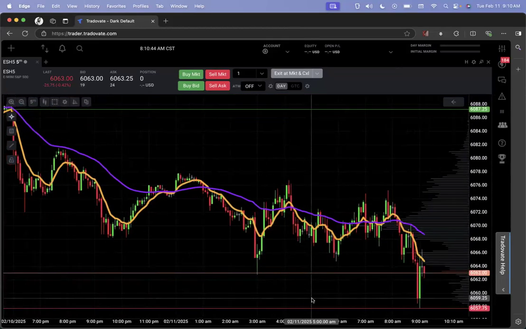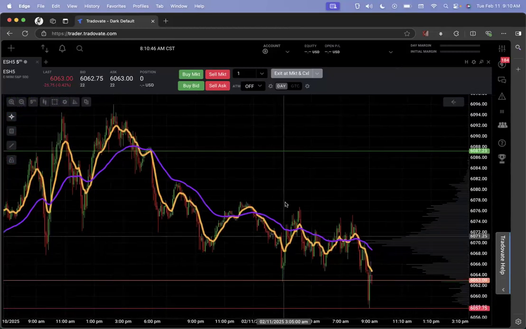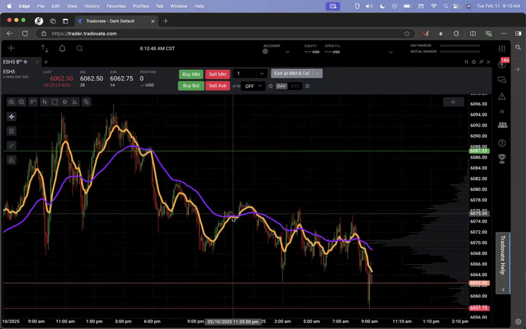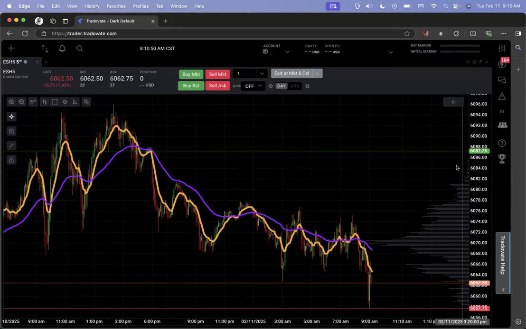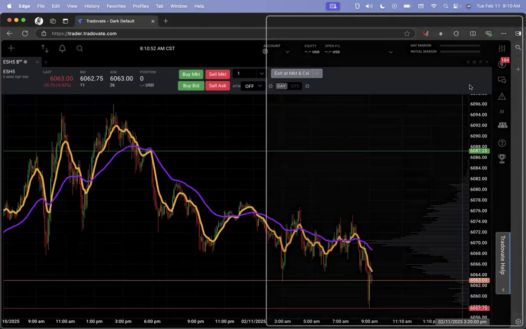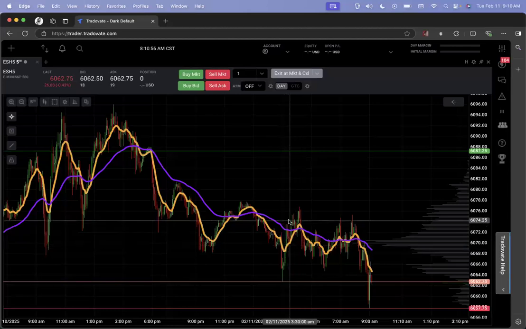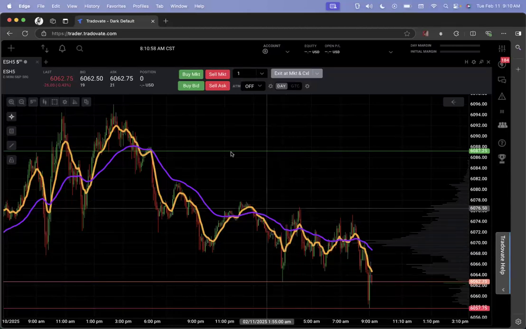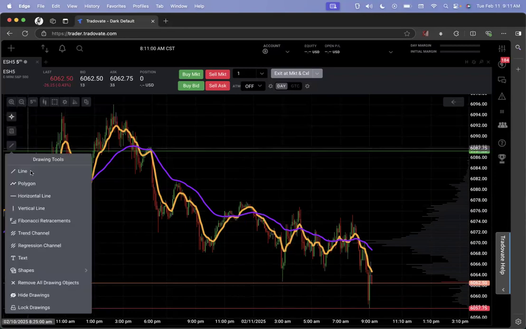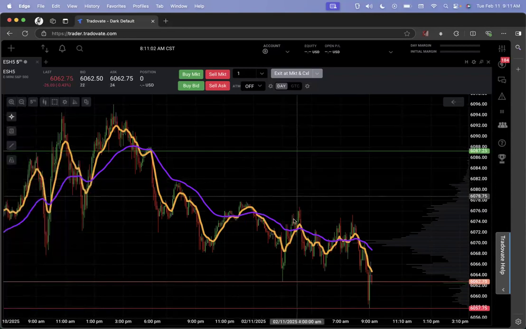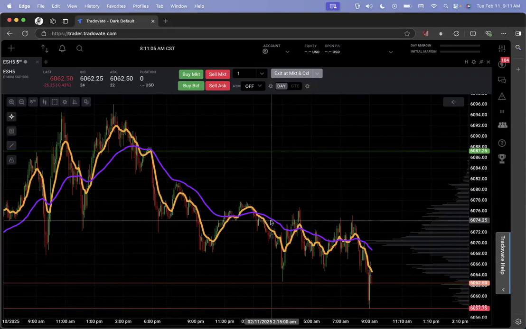But like I said, our upside level up here. We have a line here pretty much at around 60.75.